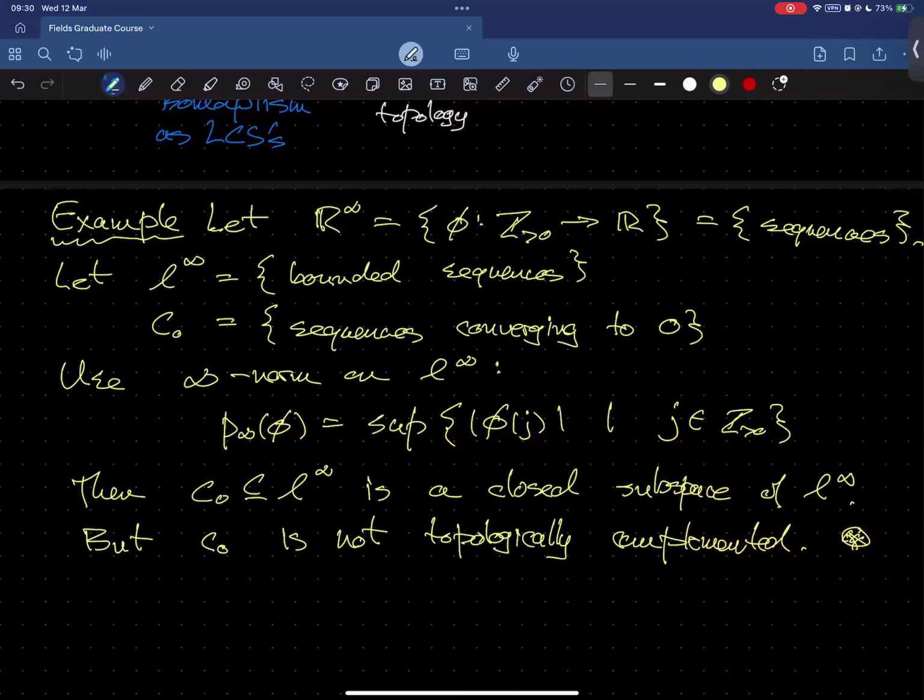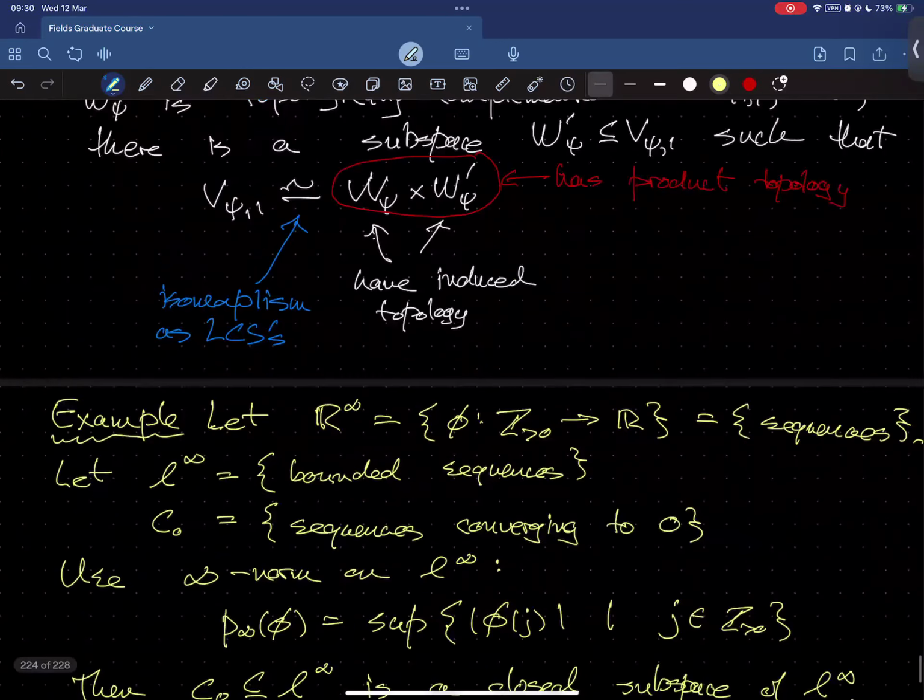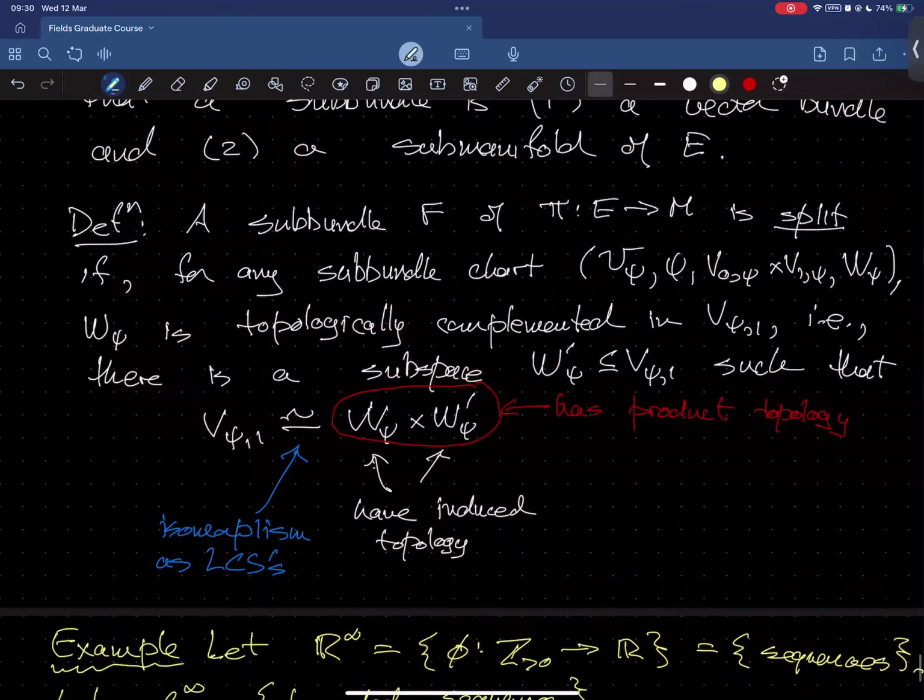If you have an arbitrary vector space and an arbitrary subspace, there will always be an algebraic complement. But as soon as you start introducing topologies, things get more complicated. So why do I talk about this?